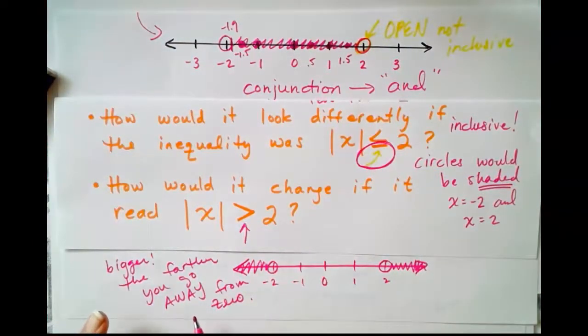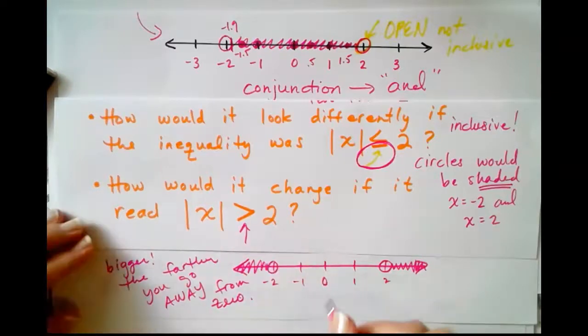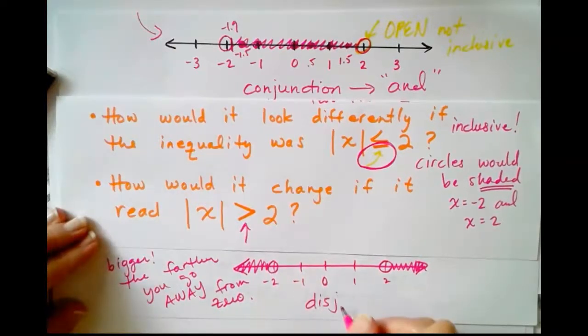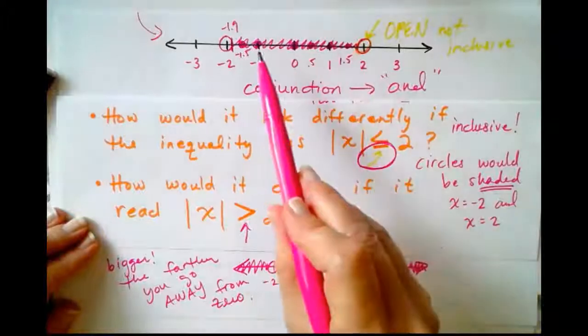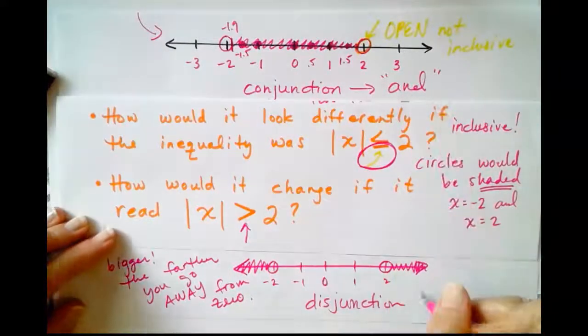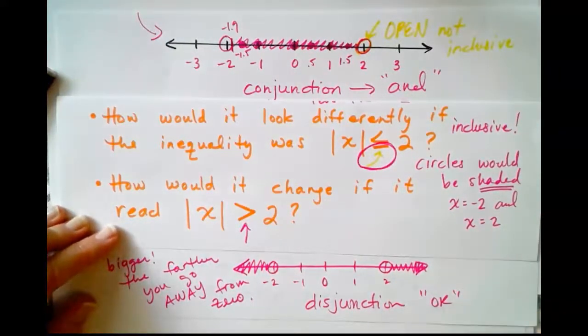Absolute value gets bigger the farther you go away from 0. So if we have the absolute value of x is greater than 2, that will create a disjunction. When we have the absolute value of x is less than 2, we have a conjunction. It's an and situation. This is, of course, an or situation. One set or the other would make it true.